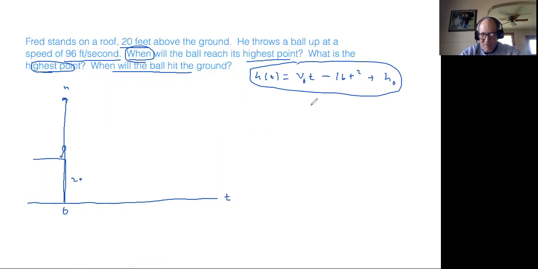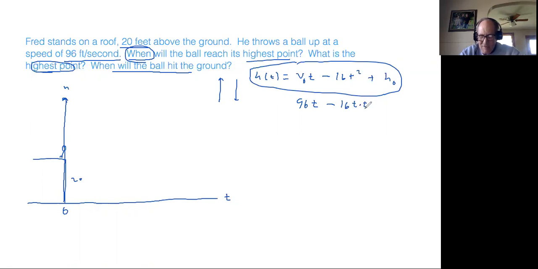Now, where's all this coming from? Well, his initial velocity is 96, so you multiply velocity times the time it's in the air to get that up distance. This is a down distance, this part, and that comes from gravity. So the velocity due to gravity is 16t, so we have to multiply by another t.